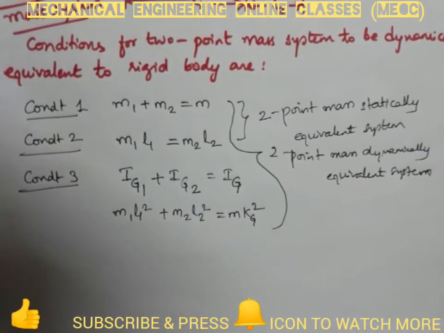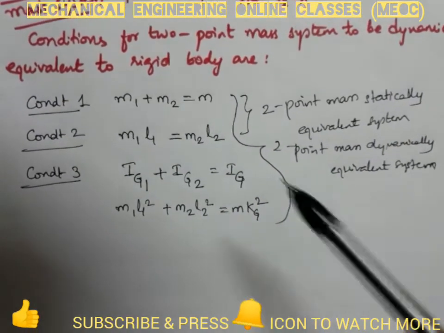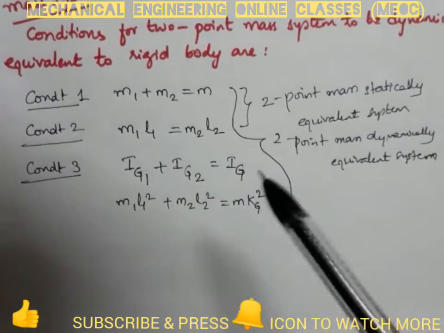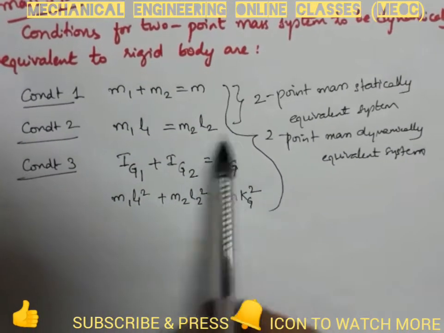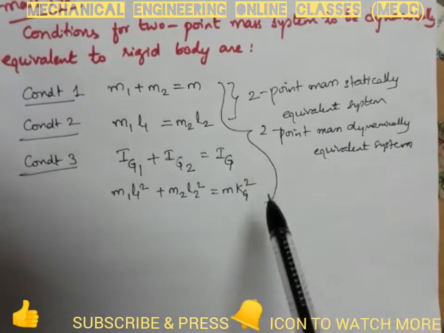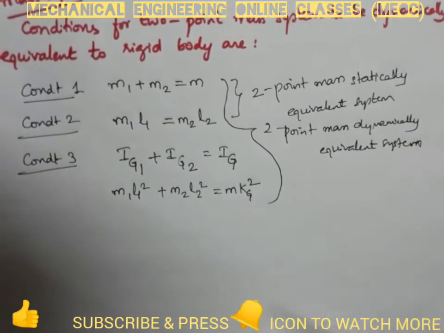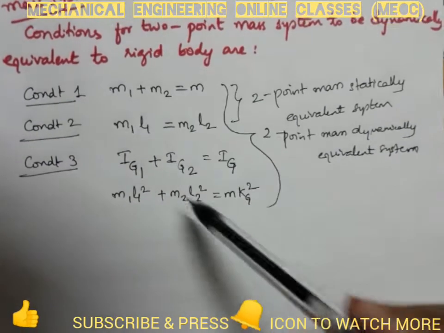So now let us find a common relation that can satisfy all the three conditions. So we shall use these three equations. Let condition number 1 be equation number 1, let the second condition be number 2, let the third condition be number 3. So using these three equations, we shall develop one single relation that will satisfy all the three.